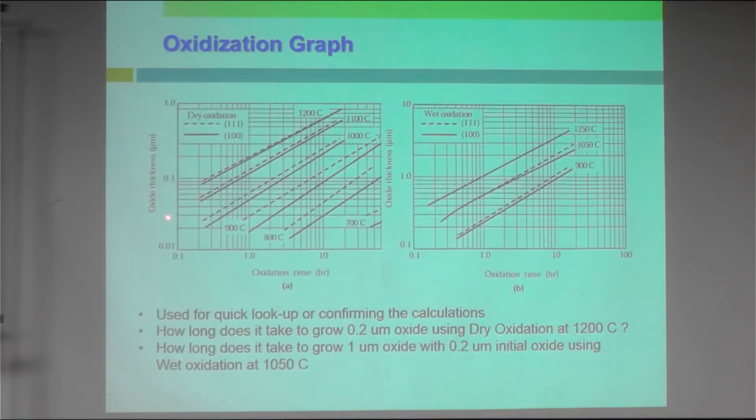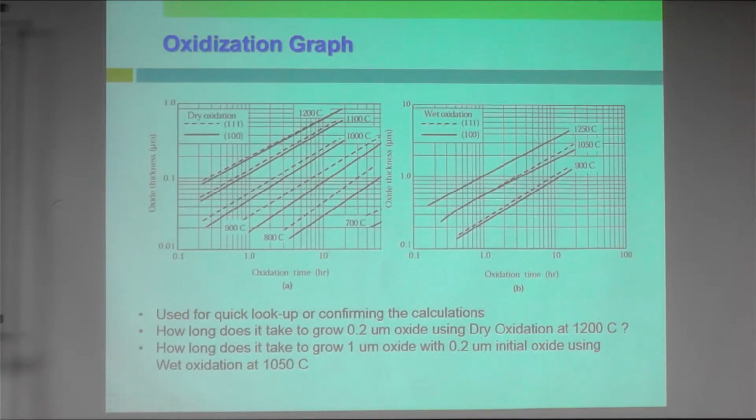So we have oxide thickness versus oxidation time. We can know that at a temperature of, let's say, 900 degrees Celsius, at 10 hours you can get an oxide thickness of about 0.1 micrometer.